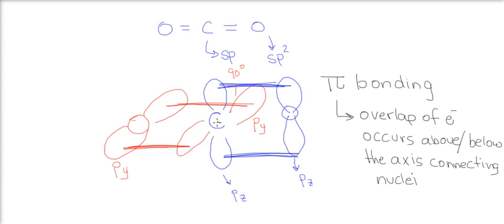So the carbon here has its nucleus here, the oxygen there, and the other oxygen on the left there. Because the line of the nucleus that connects the three together is straight across, the overlap of the blue p orbitals is above this plane, and so this is why it's considered pi bonding. And the red is the same. It's behind and in front of, but it's still above and below the axis of the internuclear connection.